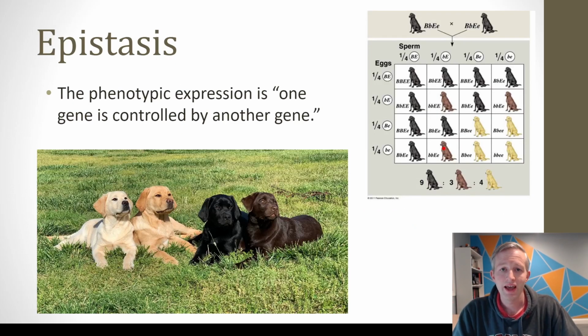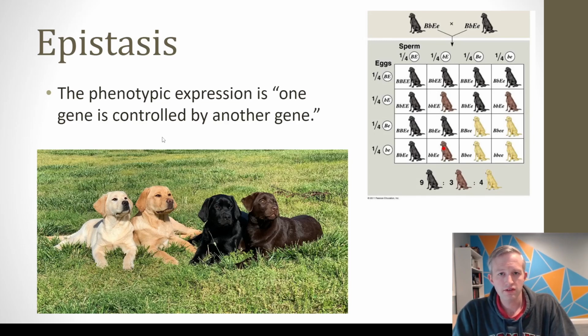And the last one, epistasis, more cute animals for you. My favorite example of this is in labs, Labrador dogs. And the fact that if you look at a chocolate lab versus a black lab versus a yellow lab, they're all the same, but you get these varied colorations, and it comes down to two genes, which is neat.